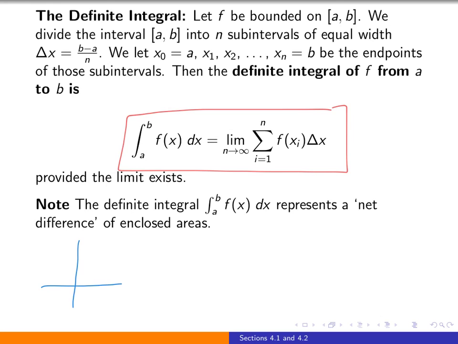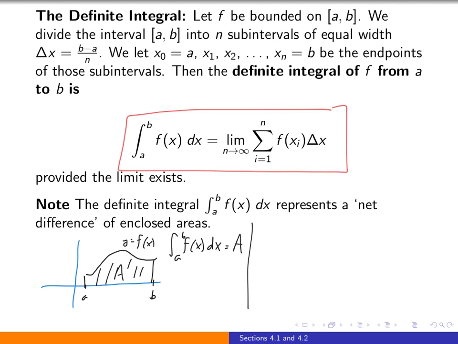So if we consider a function, much like the one that we saw on the previous slides, where it's a nice positive function from a to b. Then in this case, if you looked at whatever this enclosed area would be, we would say that the definite integral from a to b of this function f of x is equal to that enclosed area.